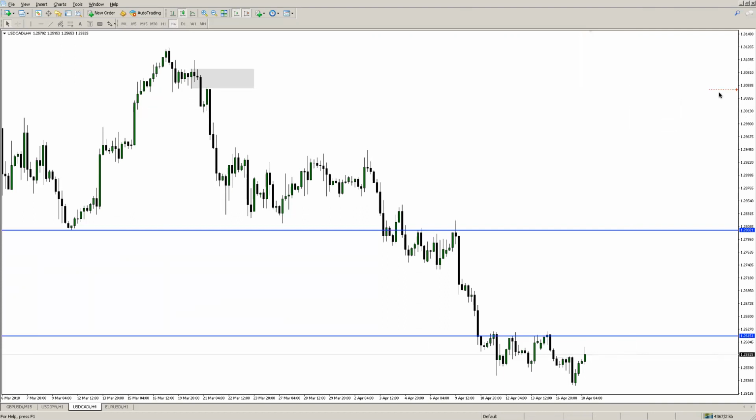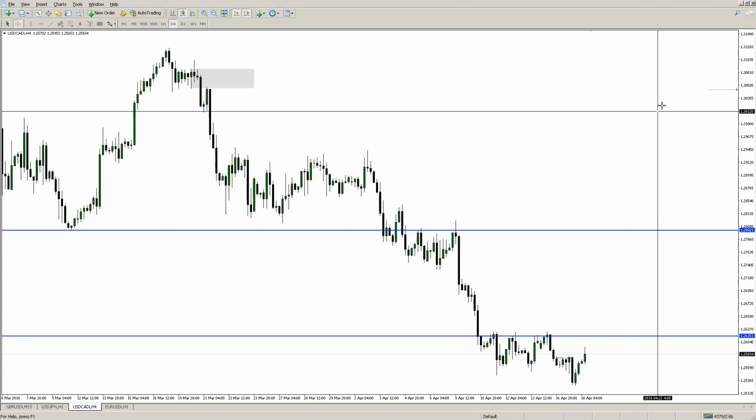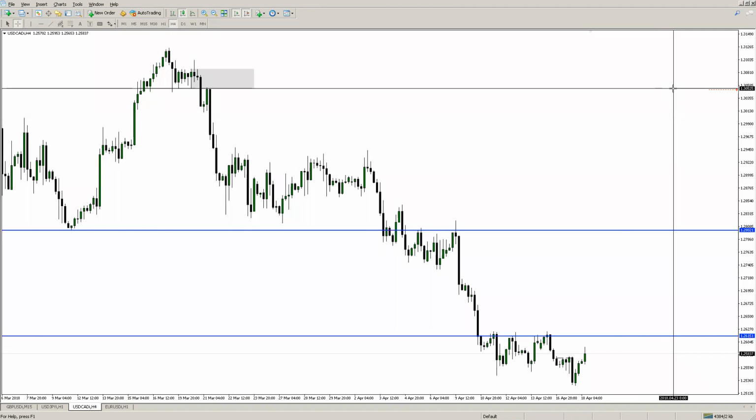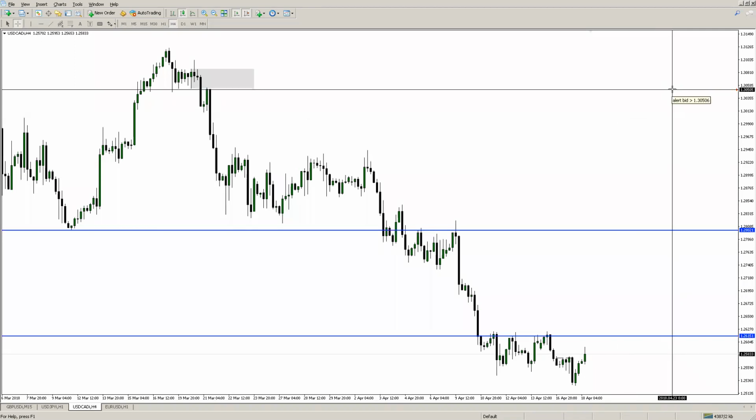All right, that's close enough. This little alert will now make a sound on MetaTrader letting me know that my level has been hit. So if I'm asleep or whatever and I have the charts up and the market comes all the way up here, then I'll know that my level has been hit for a potential sell opportunity.